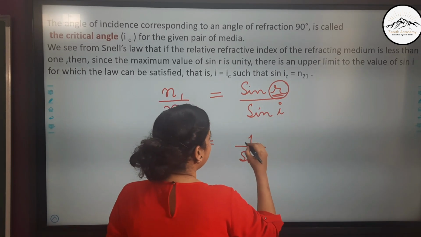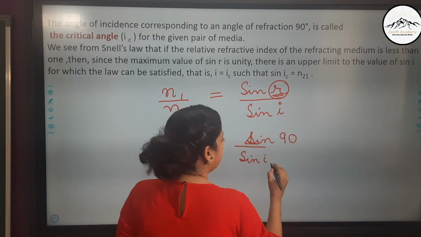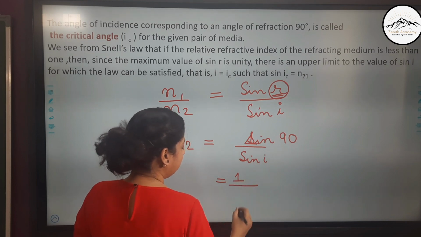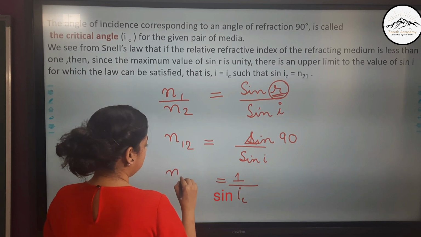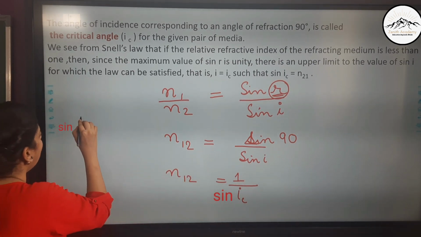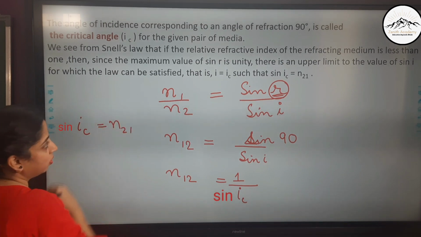So what we can write here is, this is sin 90 over sin i. So sin 90 is 1, and this is critical angle, and this is n12. So we can say that sin ic is equal to n21.